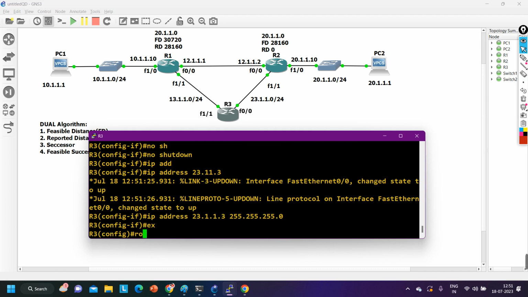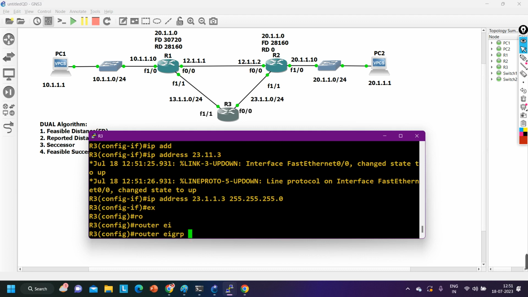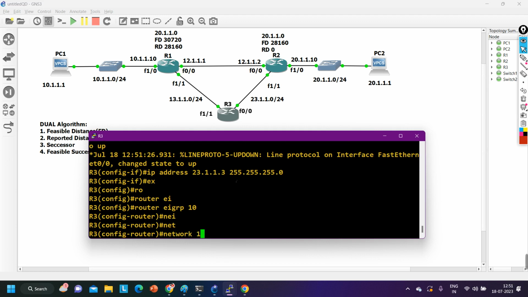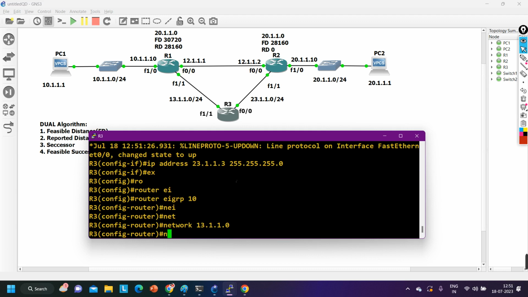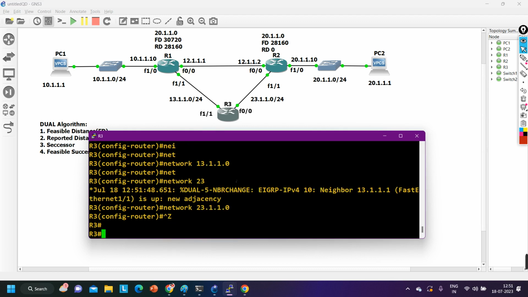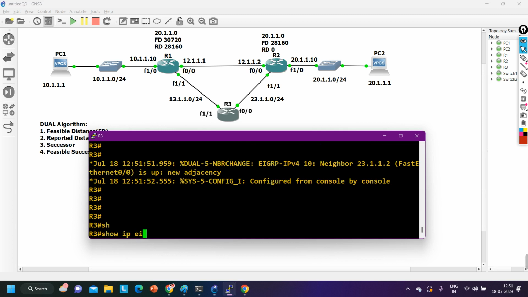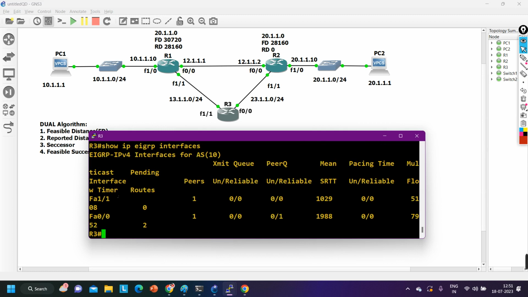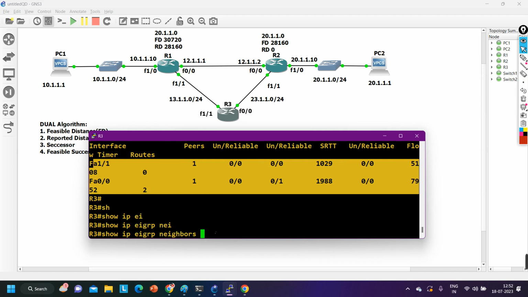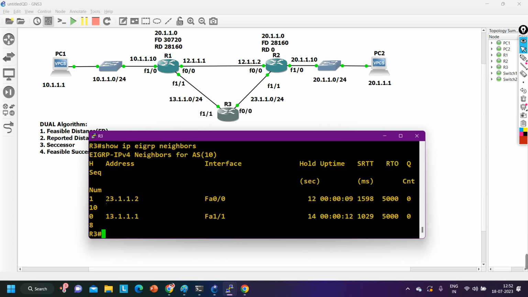Done. Now router EIGRP is number 10 and network 13.1.1.0 and network 23.1.1.0. Show IP EIGRP interface. So we have enabled EIGRP on both interfaces. Show IP EIGRP neighbor. You can see there are two neighbors of router 3.